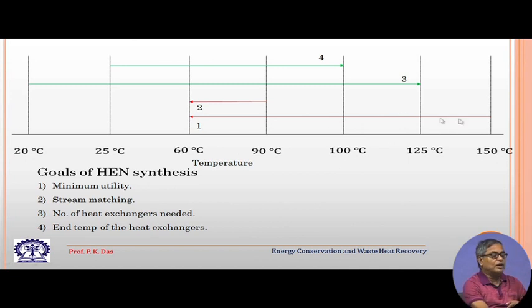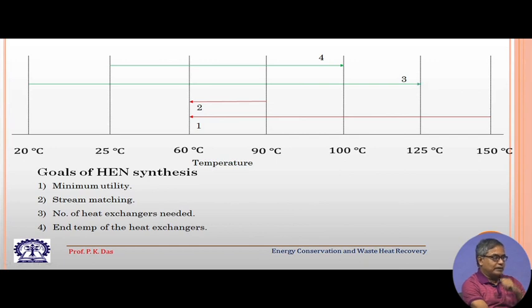One hot stream is starting from here and ending here, another hot stream is starting from here and ending here. There are two cold streams, one starts from here and ends here, and the second one starts at 20 degrees Celsius and ends at 125 degrees Celsius.